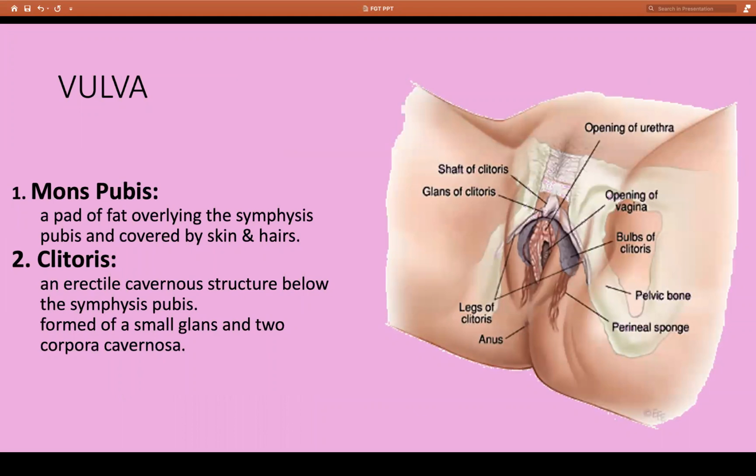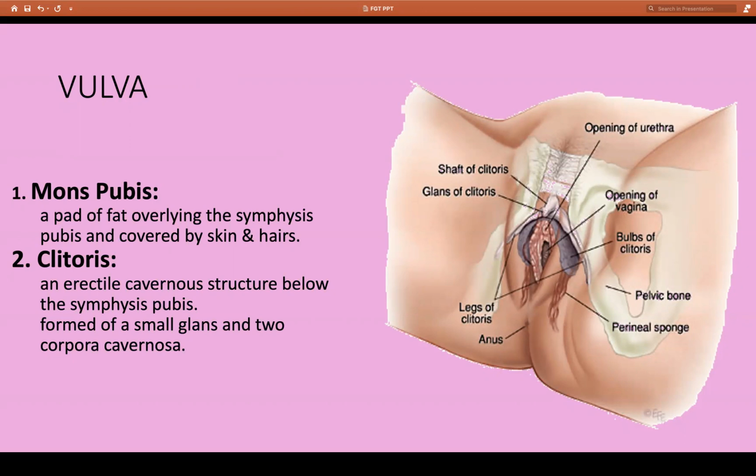So starting with anatomy of female genital tract, starting from external genitalia. Vulva, it has different parts. Mons pubis, it is a pad of fat covering the symphysis pubis, and it is covered by skin and hairs.